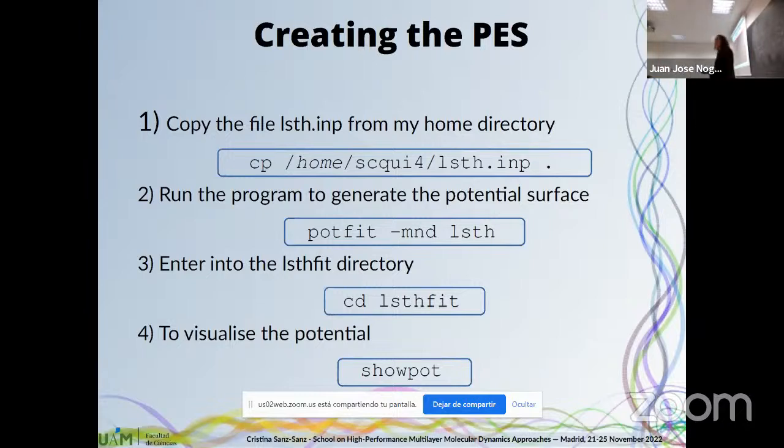Then you have many options in there. If the people at home are doing what I am saying, you will see all these possible options, and then we will see how we can plot our potential. Why do I want to do this? Because I want you to please first see how the potential looks like.